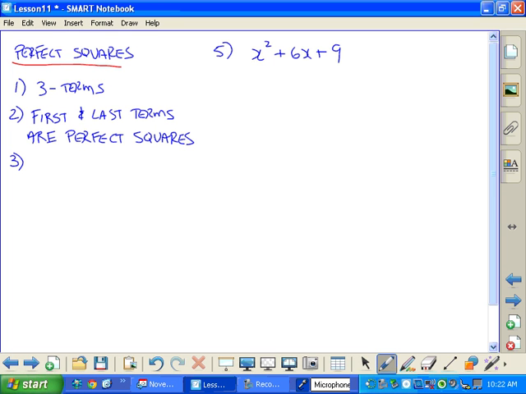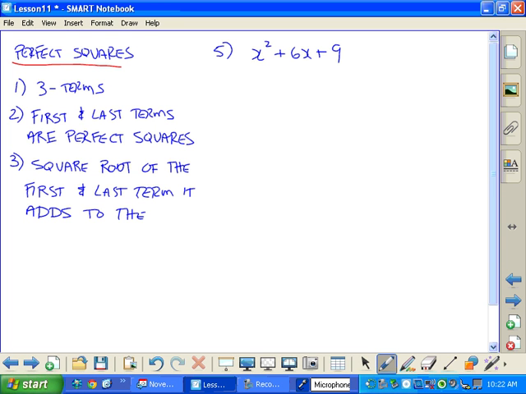And third, if you take the square root of the first and last, it adds to the middle term. All right. So there are your 3 checks.